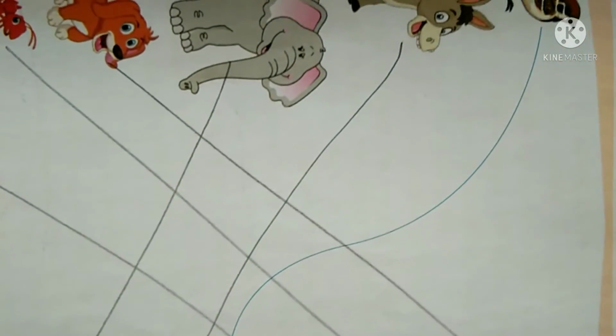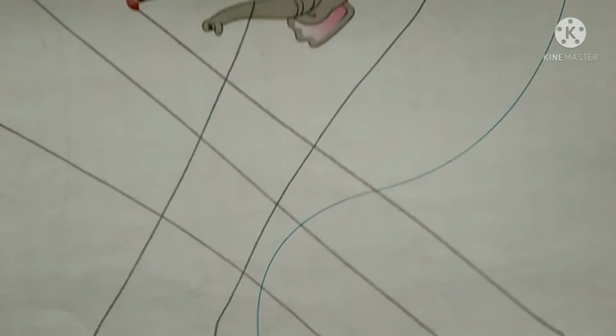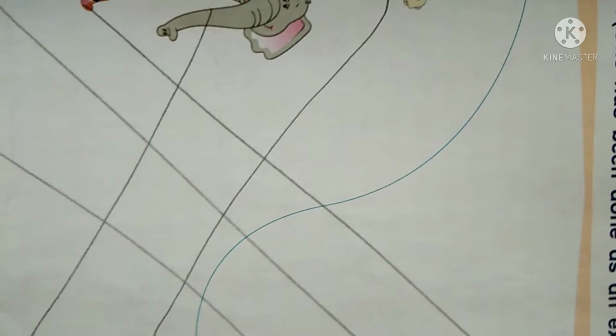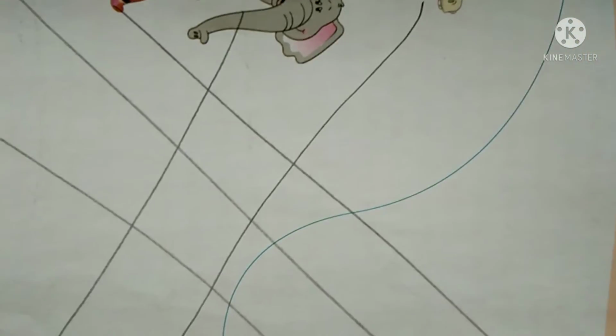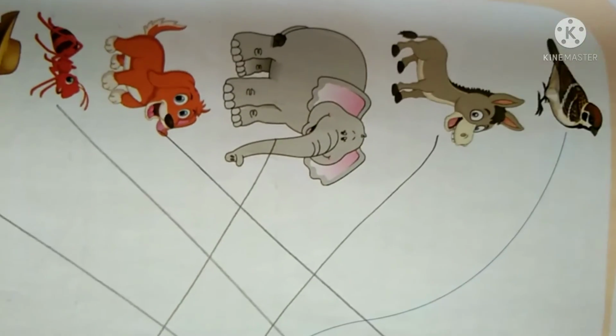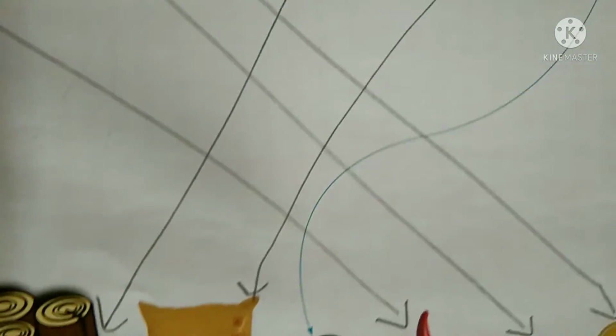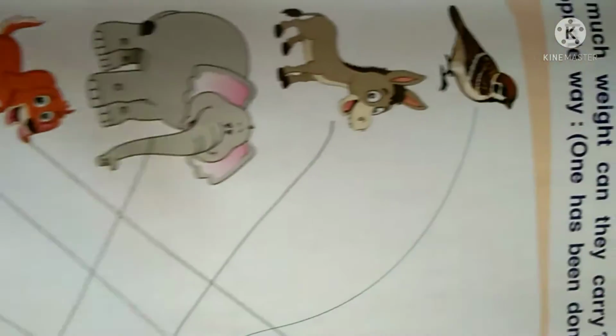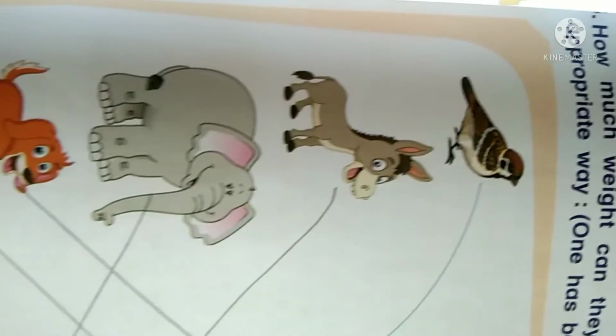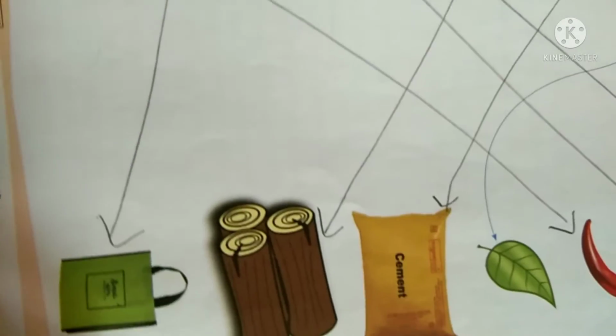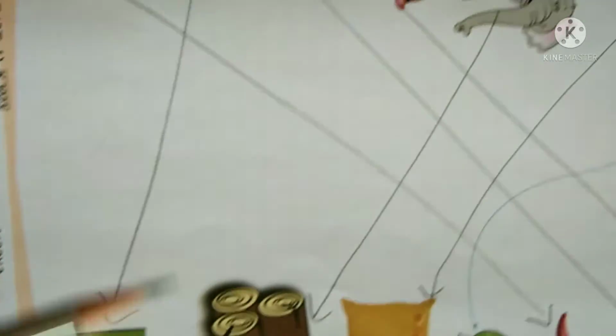Now we see on page 33 question number 5: how much weight can you carry? Match the suitable in an appropriate way. One has been done as an example, as we did in the textbook. Lighter object is a leaf carried by a bird. Again, donkey, a cement bag, elephant, trunk, that is a part of a tree.